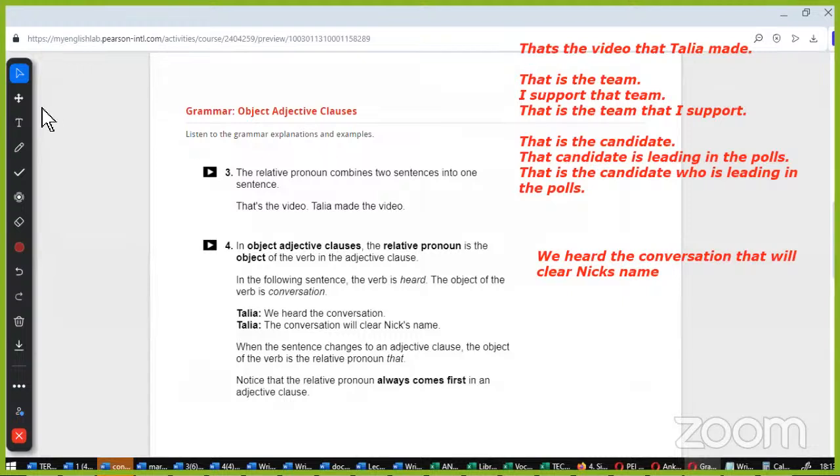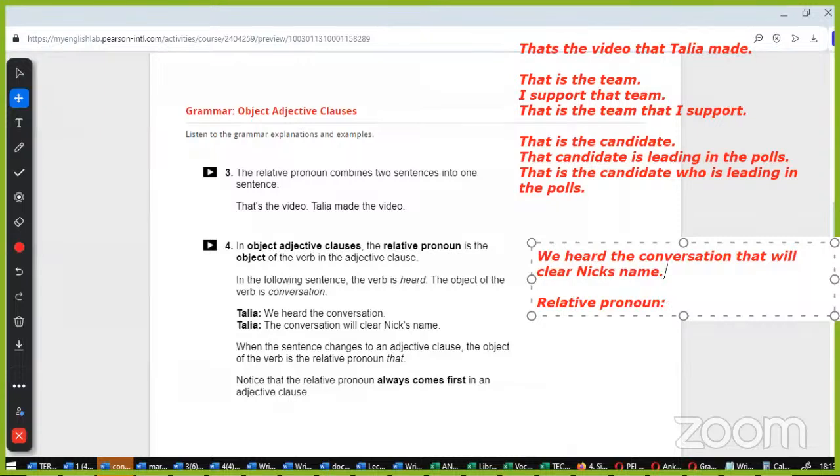So here in this sentence, we heard the conversation that will clear Nick's name. What is the relative pronoun in this sentence? The conversation? Or it's we heard the conversation? No, the relative pronoun, let me show you this.